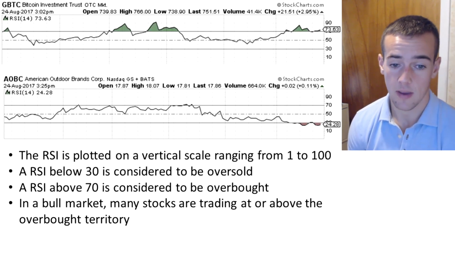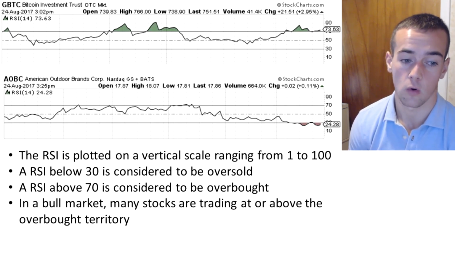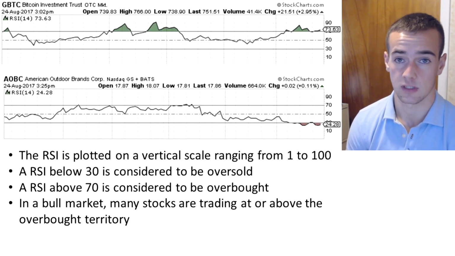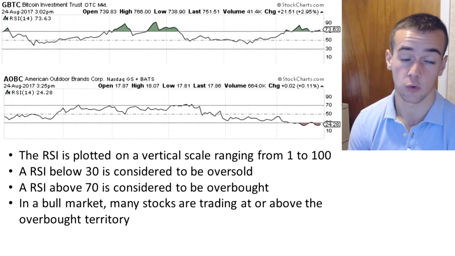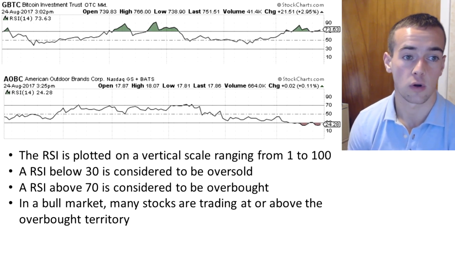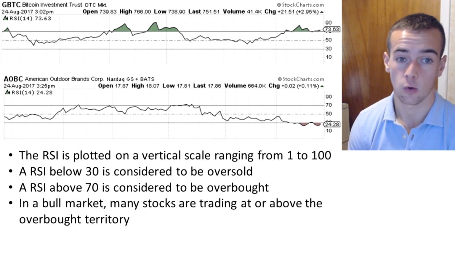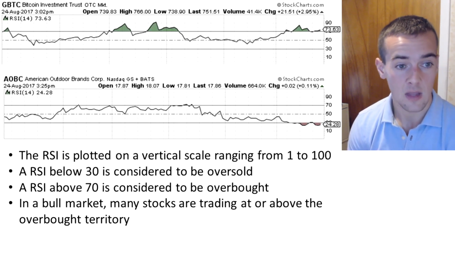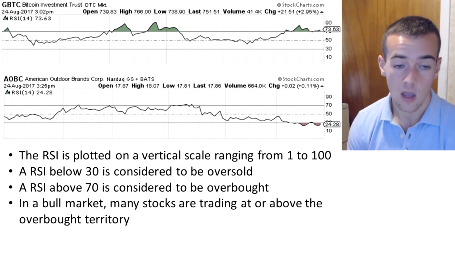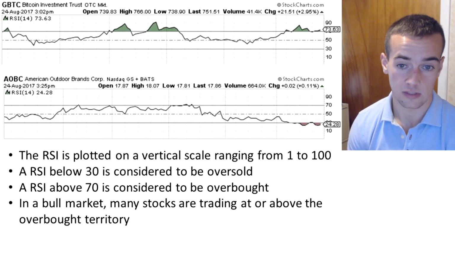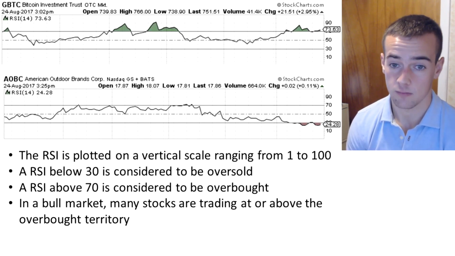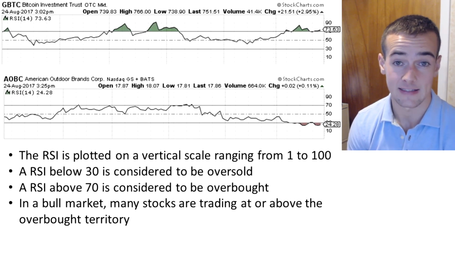So in a bull market, many stocks are trading at or above the overbought territory, and this is largely due to the fact that many investments become overpriced and things become too expensive. So two examples here. As we said, the Bitcoin investment trust was indicating overbought on the RSI, and then AOBC, which is the American Outdoor Brands Corporation, was indicating oversold on the RSI. This is a good indicator of the strength of that price movement and whether or not the stock is oversold or overbought.